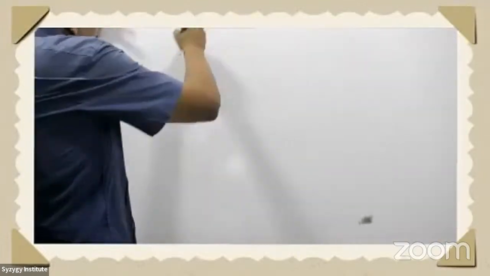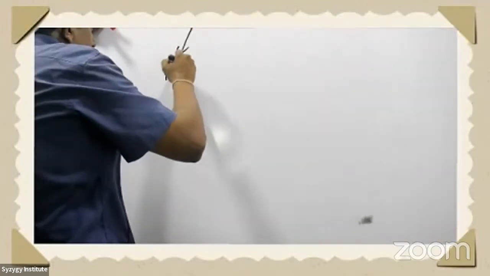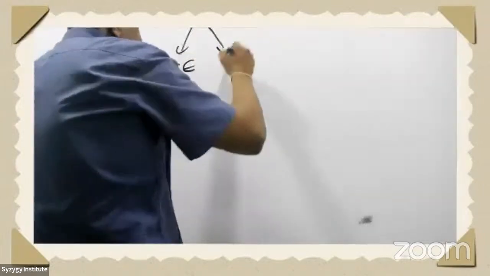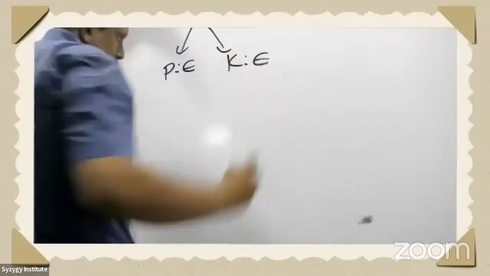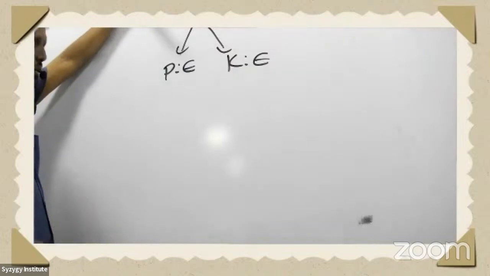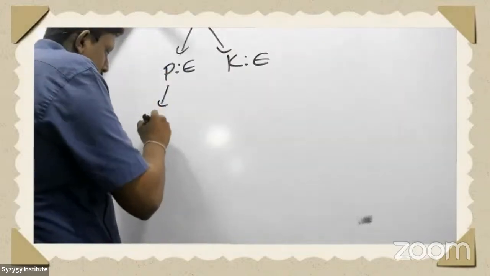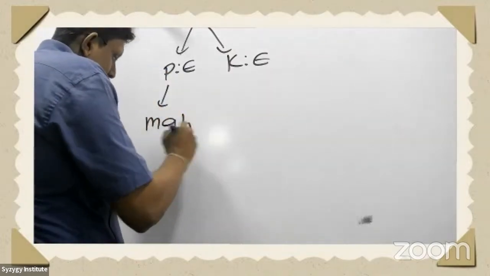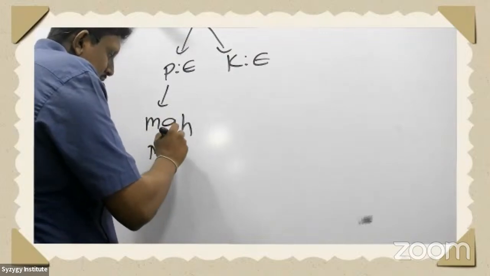What are those? Potential energy and kinetic energy. In potential energy, you can write mgh: mass, gravitational acceleration, and height.